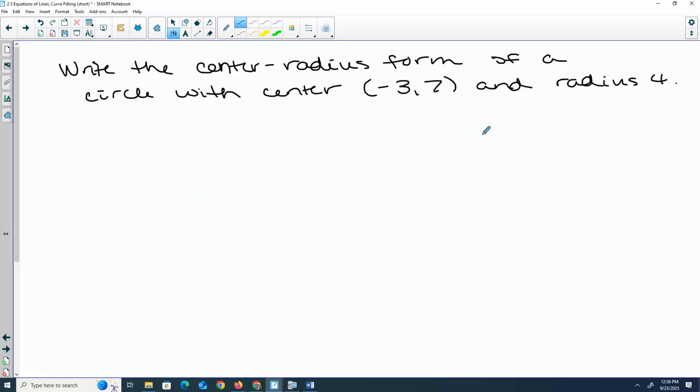If you know what the equation of a circle looks like, this is a pretty easy question. If you don't, you're kind of in trouble. Do you guys remember the format?